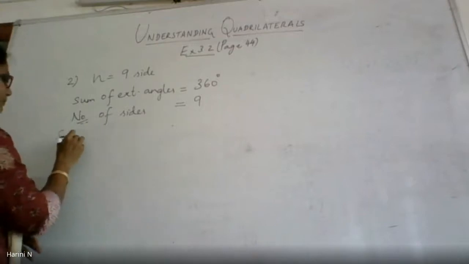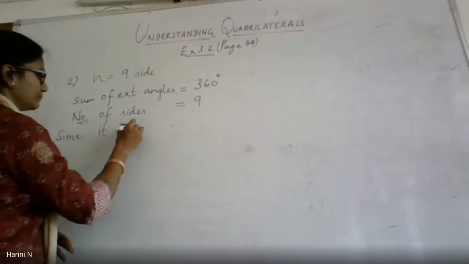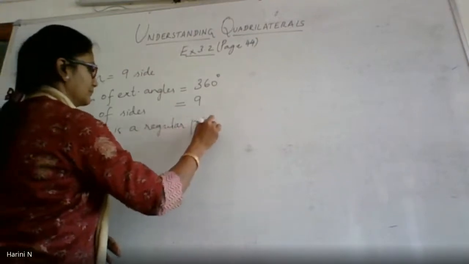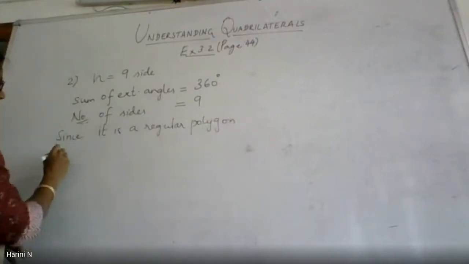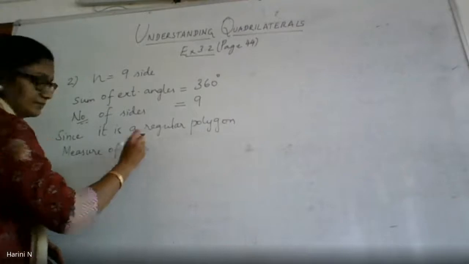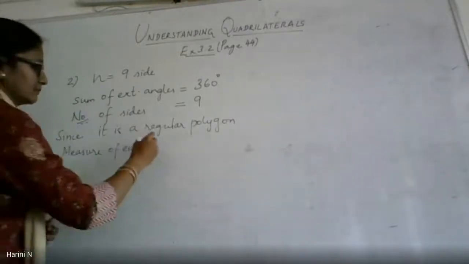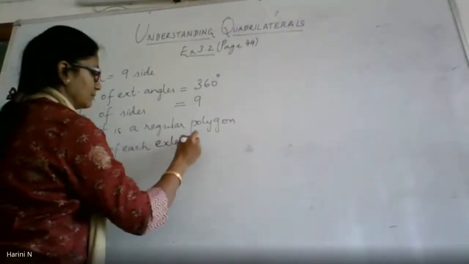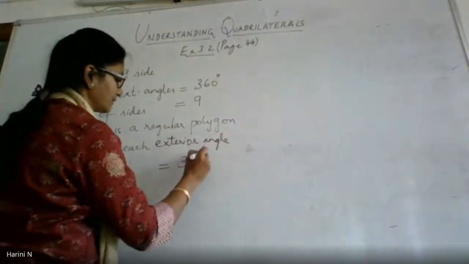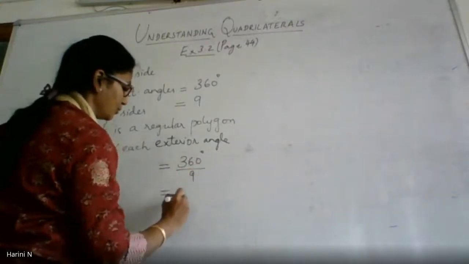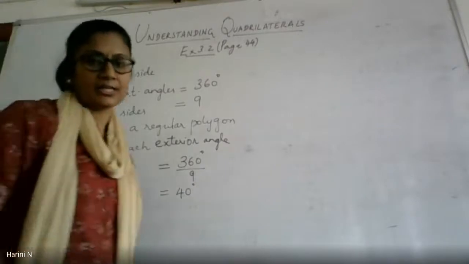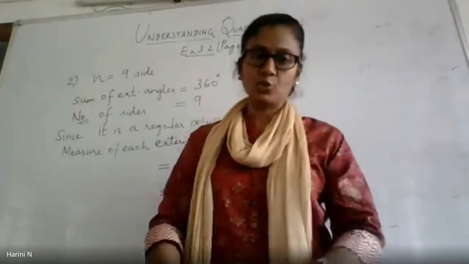Since it is a regular polygon, the measure of each exterior angle will be equal to 360 degrees divided by 9, which will be equal to 40 degrees each. So each exterior angle for a regular 9-sided polygon will be equal to 40 degrees.